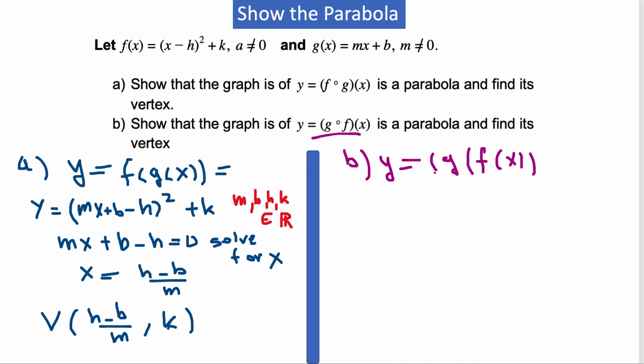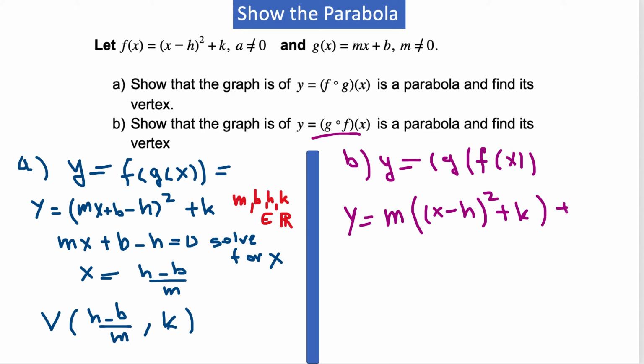Now first I take the function g and write m, and instead of the x I plug in this whole formula, (x minus h) squared plus k.